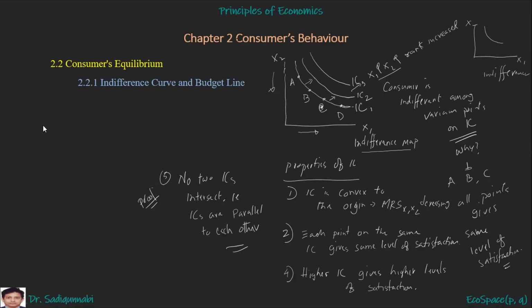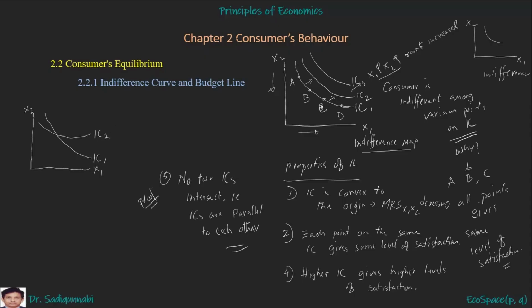Let us prove this. The proof is, suppose not. Suppose they intersect. What will happen? Suppose we have IC1 as this and IC2 as that.